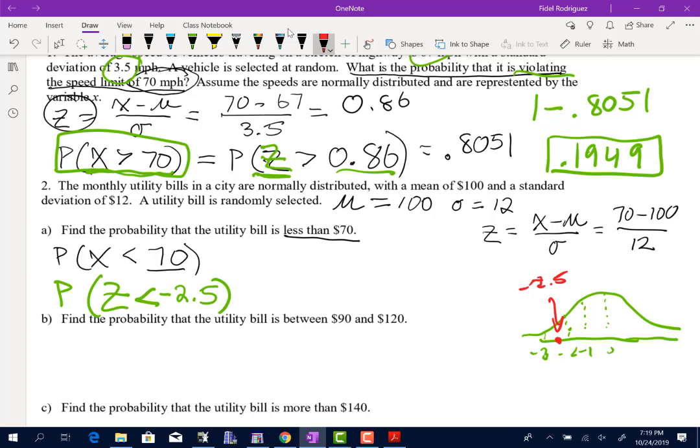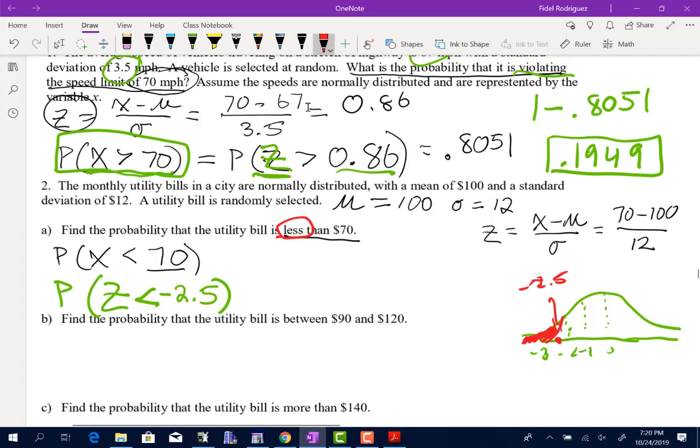But y'all agree that every time I'm doing the area, it's always telling me the area to the left, right? And aren't we looking for the area to be less? Isn't less smaller? Right? So I'm looking for that area.